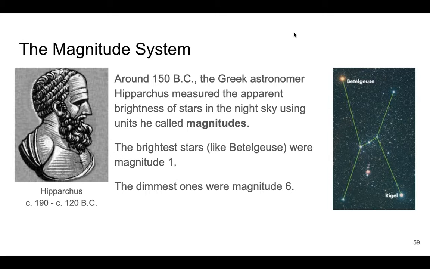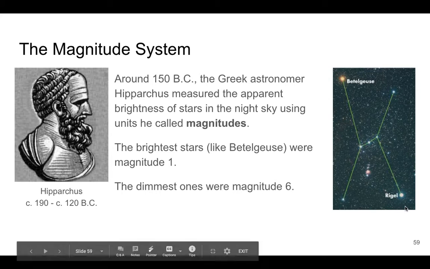Over 2,000 years ago, Hipparchus measured the apparent brightnesses of stars, and he classified them according to the system called the magnitude system. In Hipparchus' system, the brightest stars he could see, he grouped them together, and he said those were stars of the first magnitude, or magnitude 1. That would be stars like Betelgeuse here in Orion, a very, very bright star.